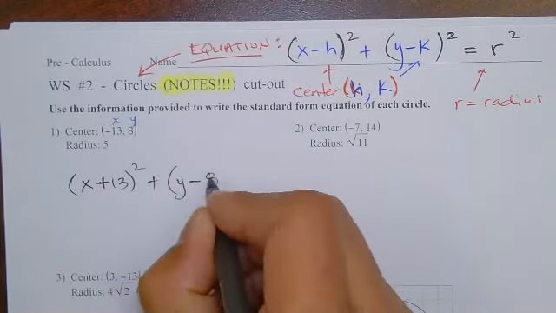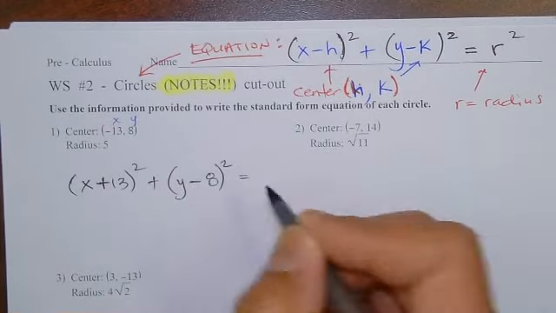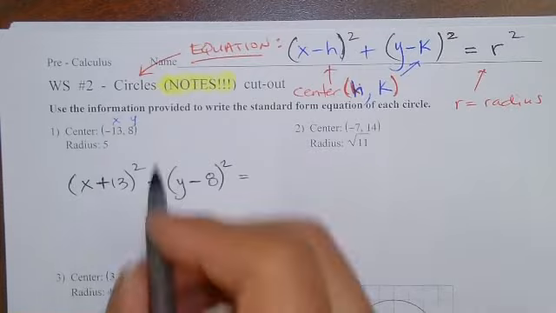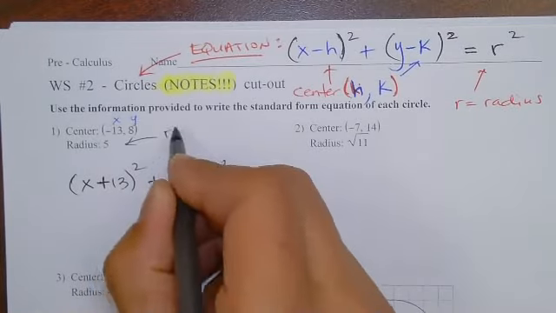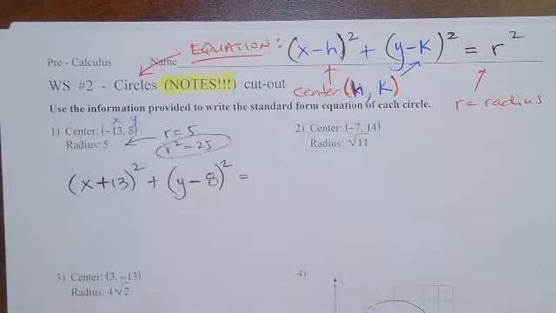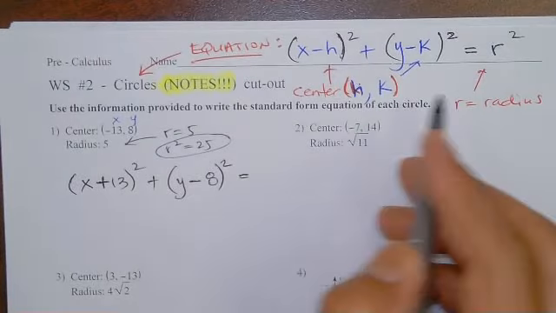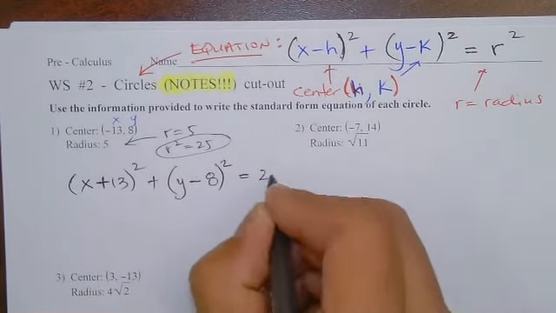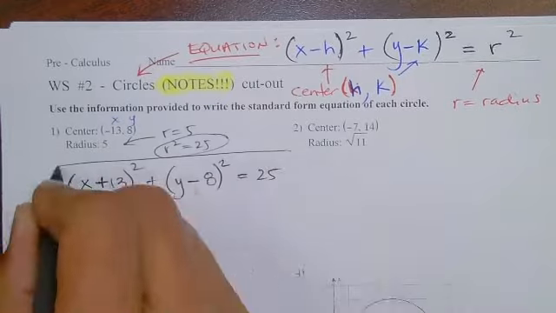This is positive 8, but you do the opposite. Is equal to, now the radius is 5. If the radius is 5, what's the radius squared? 25. This has to be 25.